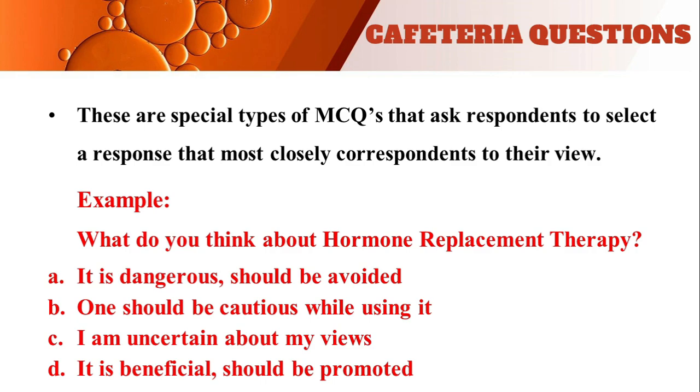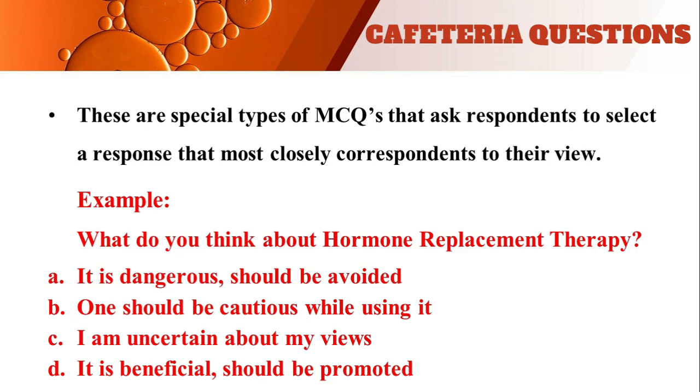For example, we ask a question: what do you think about hormone replacement therapy? Whatever they think about hormone replacement therapy, we cannot say only option C is right or only option B is right. Any answer which the respondents choose from the responses may be right according to them. We just want to know their views.